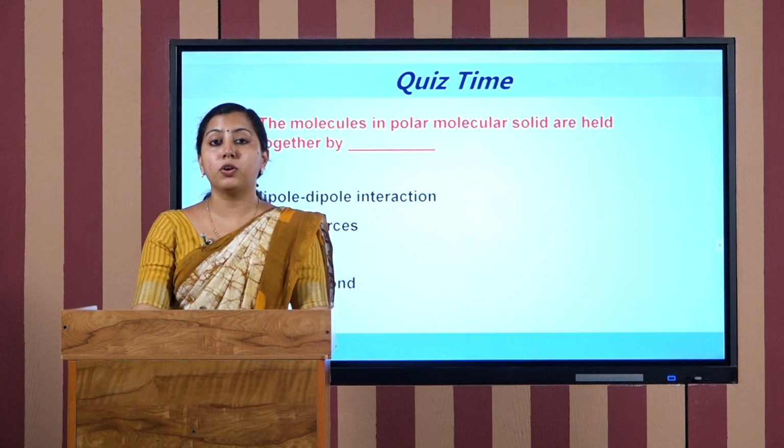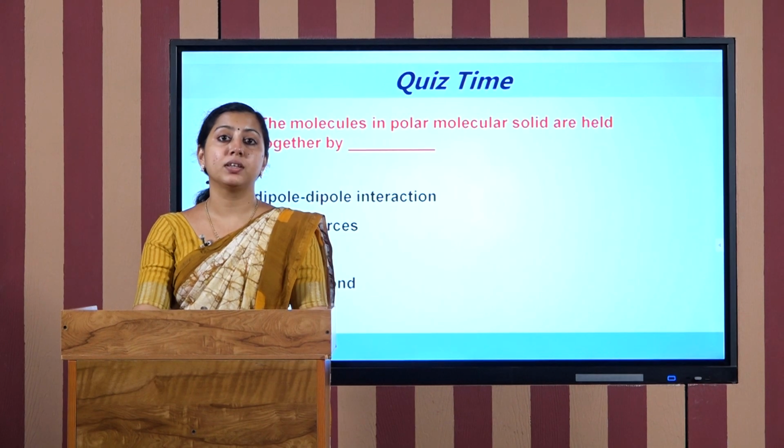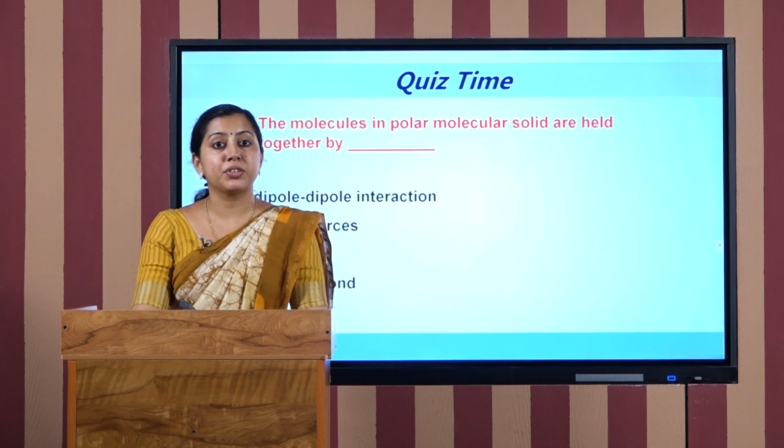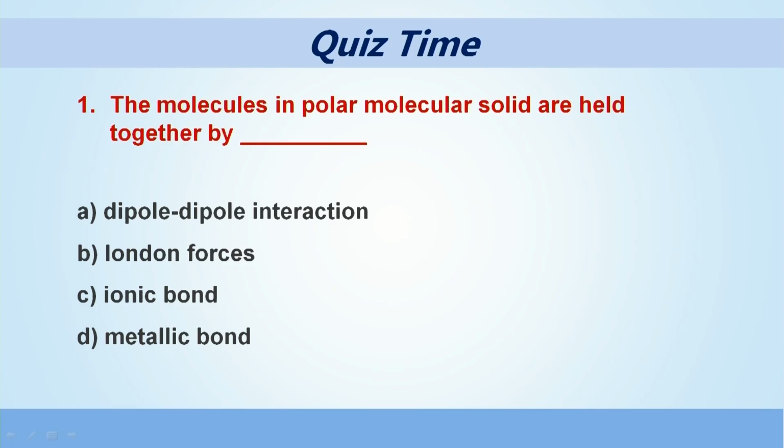So, before moving on to today's session, let us discuss the answers of assignment questions of the previous class. So, the first question was, the molecules in polar molecular solid are held together by, we have four options. Option A, dipole-dipole interaction. Option B, London forces.